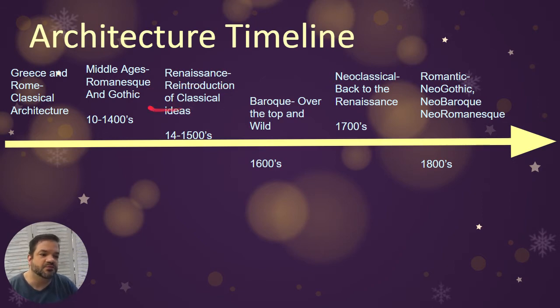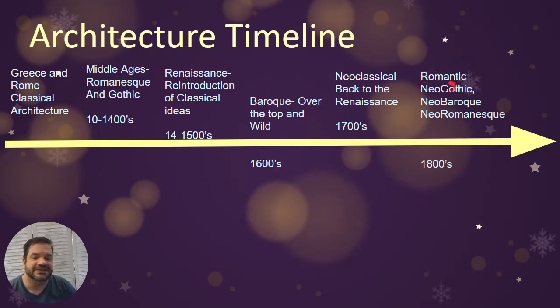Then when the Renaissance is over, we're going to head into the Baroque. And that's when things get wild and over the top and big and emotional again. So in the 1600s, it's going to get really big and wild again. 1700s, we're back to the neoclassical, we're back to the Renaissance, we're back to the Greeks and the Romans. So intellectual again.